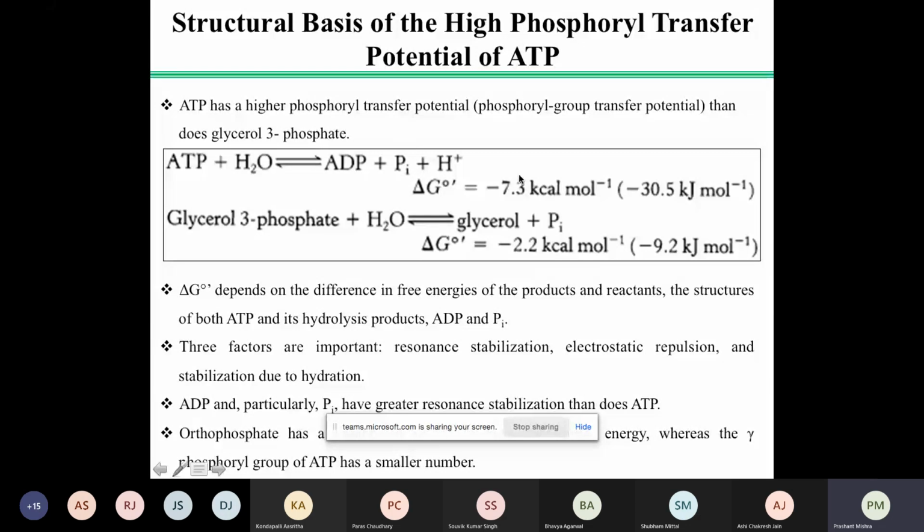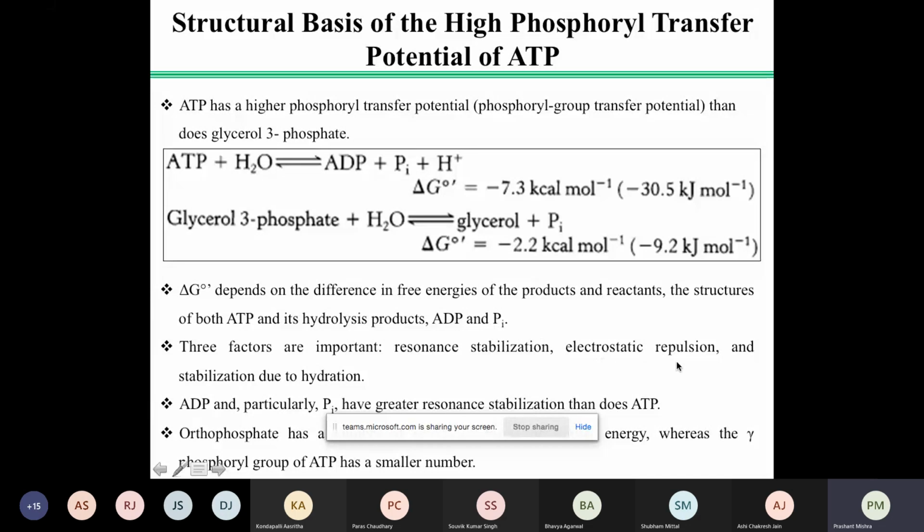So if you have a phosphate group, you have OH on one side, H on the other side, double bond O on one side. Now this can be in different forms. So now this Pi can exist in different forms. I'll show it to you. Then the products ADP and Pi. So depending on the structure, that is important.